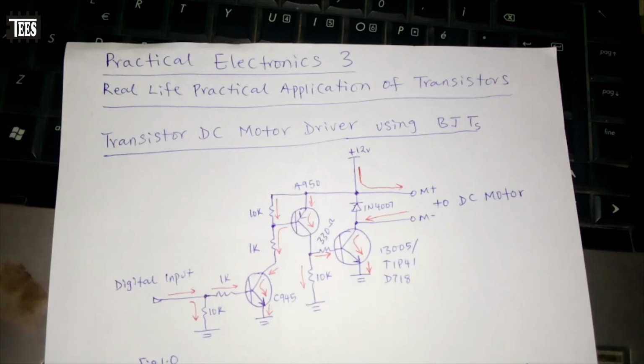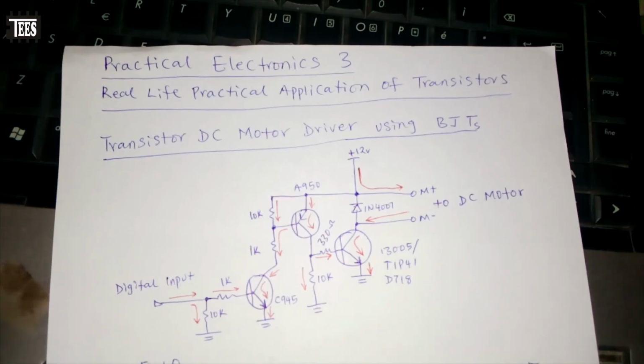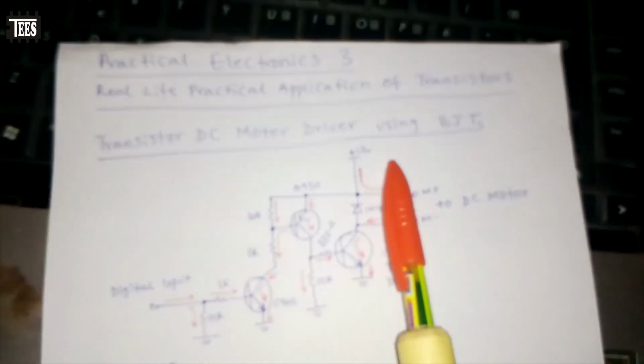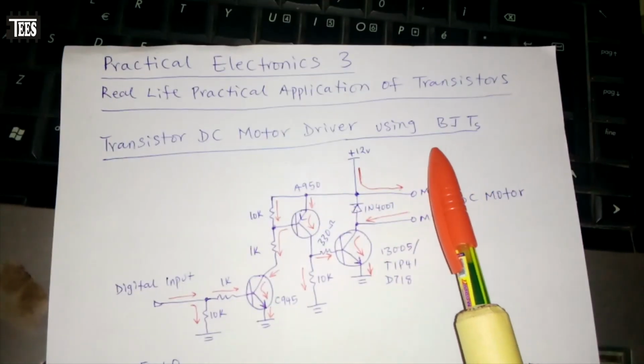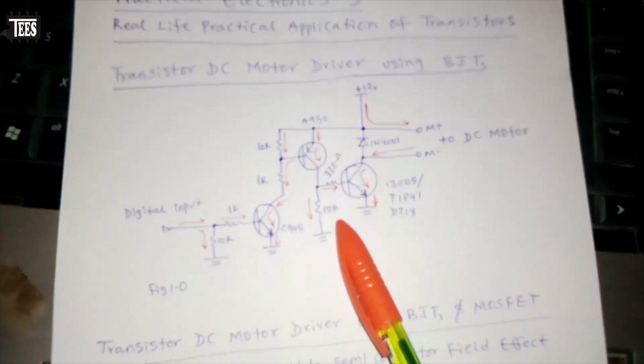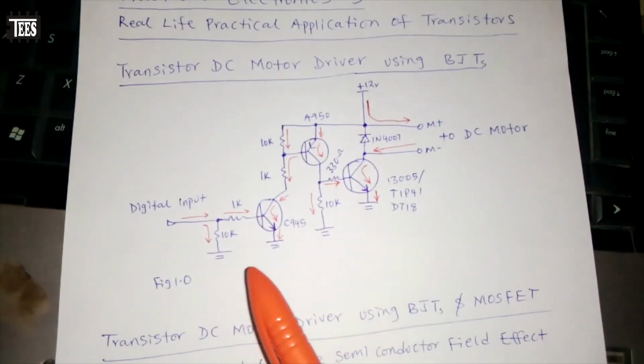Here we have two circuits. The first one is a transistor DC motor driver using BJT, that's bipolar junction transistors. So here is our circuit in figure 1.